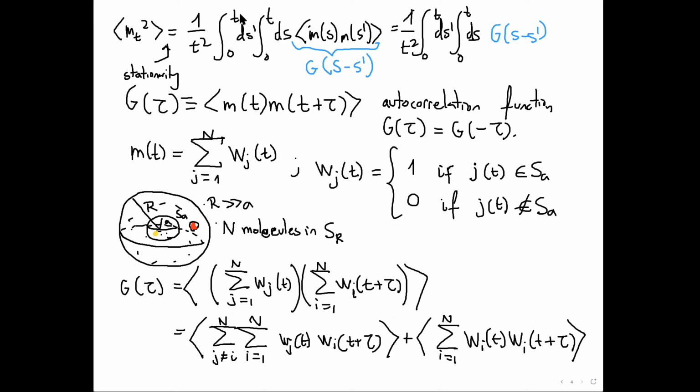Yes. Okay, very good. So this one, I will call it G1 of tau. And this one, I will call it G2 of tau. I will first calculate the cross terms and then the self-interaction term. So let me go with it.